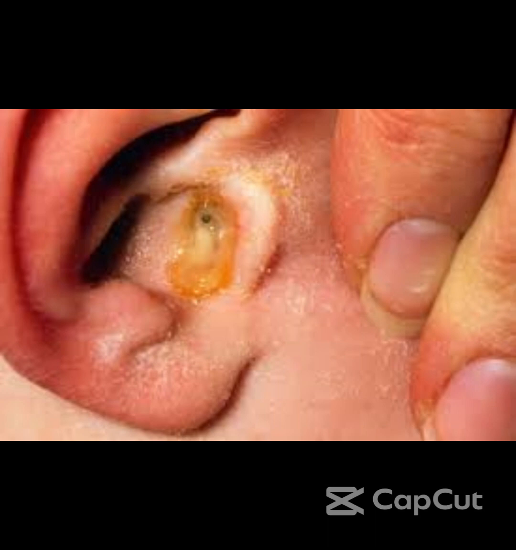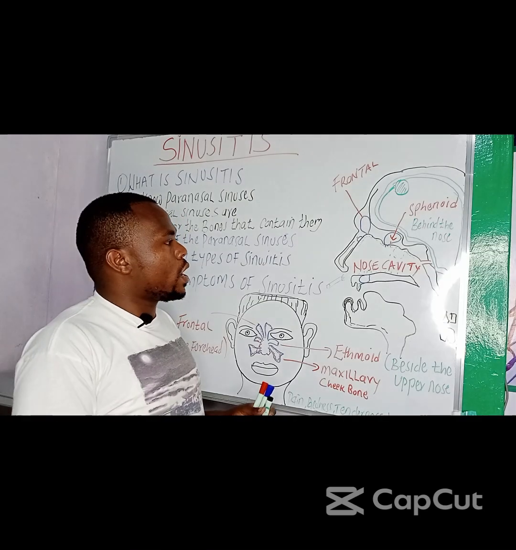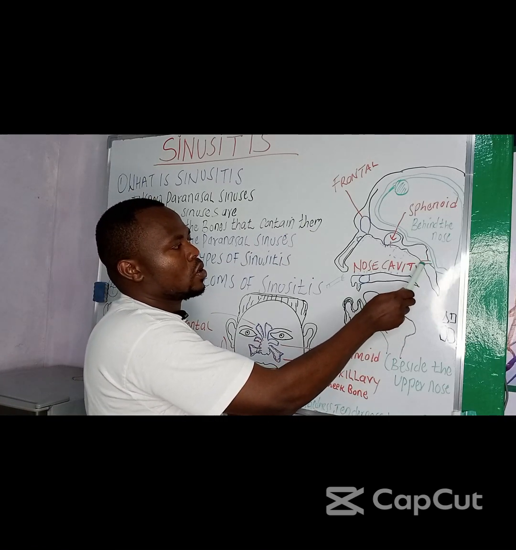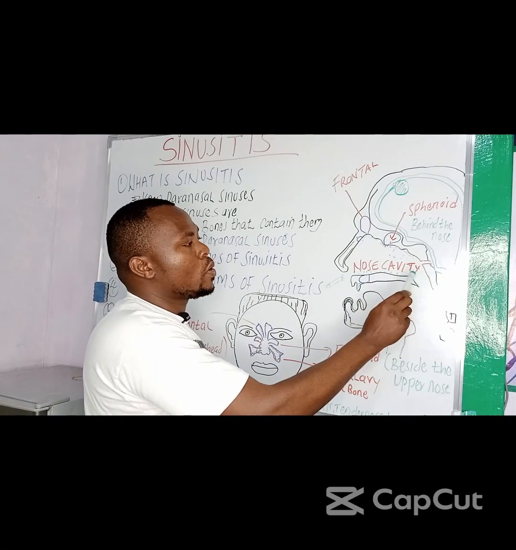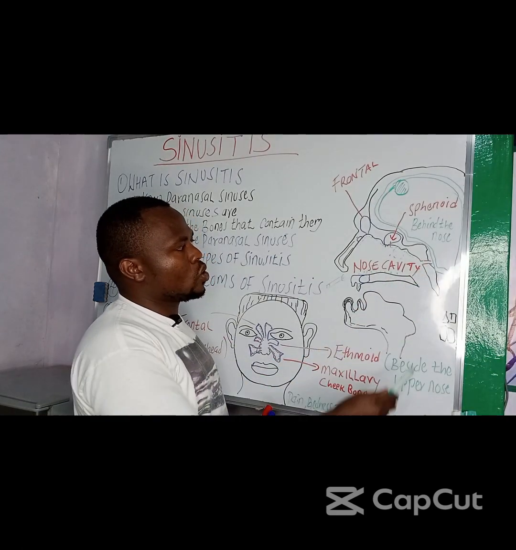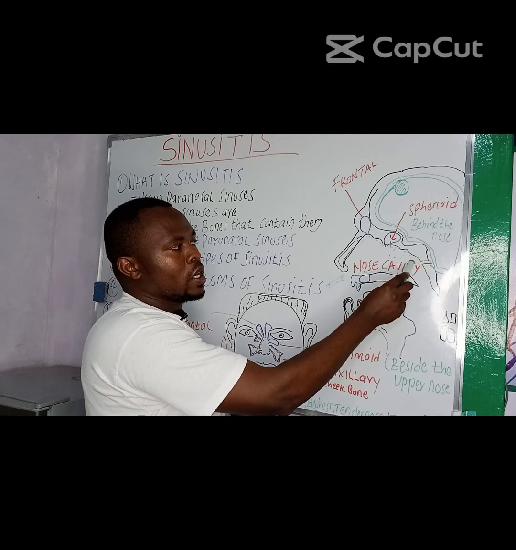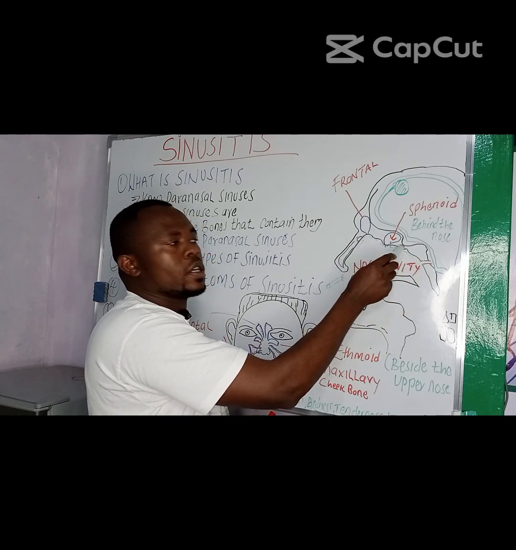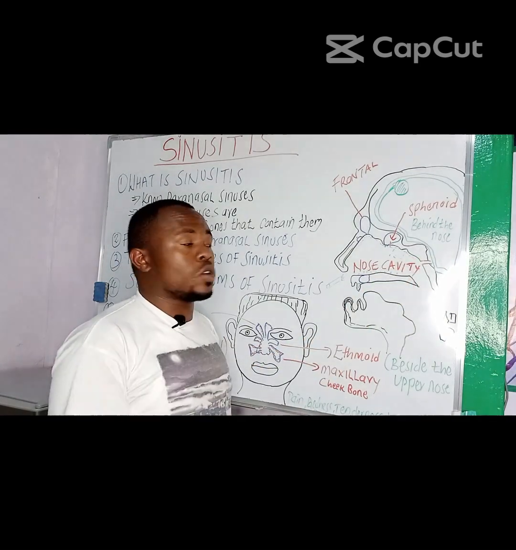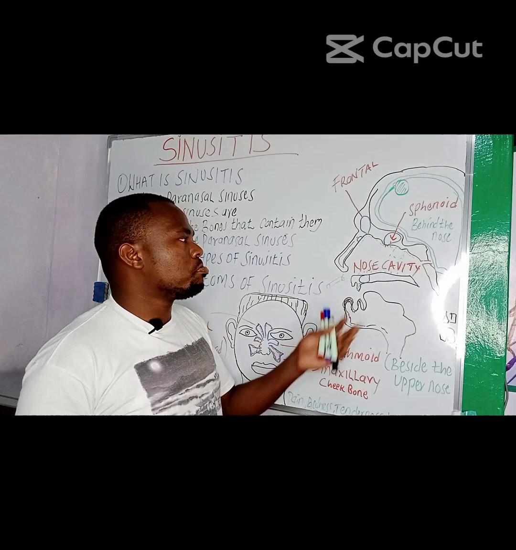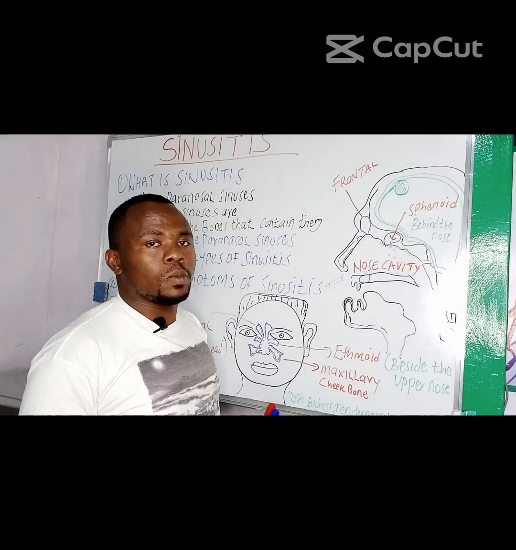Then we have other complications like otitis media. Otitis media is the infection of the middle ear. We have the eustachian tube. Eustachian tube is located here. Eustachian tube connects the nose cavity to the middle ear. So in case you have an infection around the nose or around the sinuses, this infection will spread to the middle ear, resulting in otitis media.